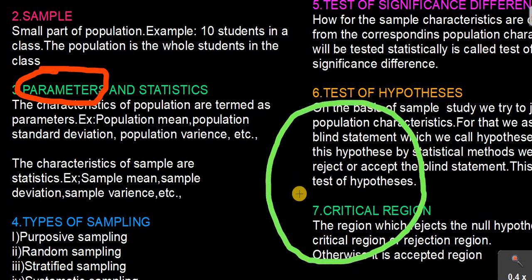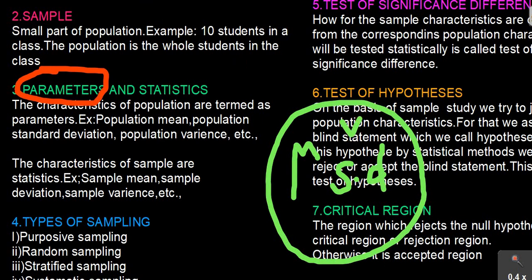Suppose we want to study the mean of this population, that is called a parameter. Or the standard deviation of this particular universe is a parameter. So any characteristic connected to this population is called a parameter. Examples: mean, standard deviation, variation, whatever it may be.